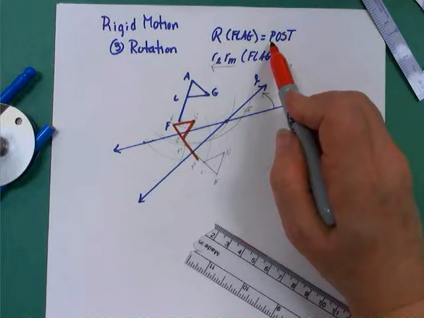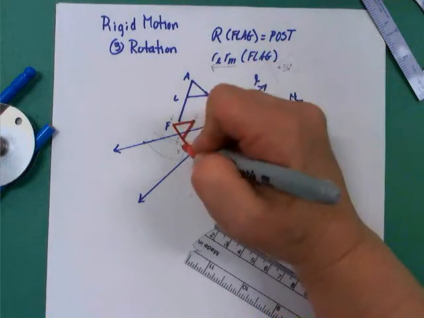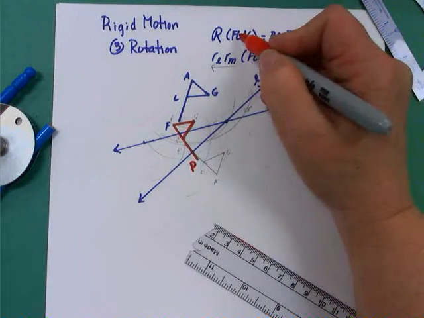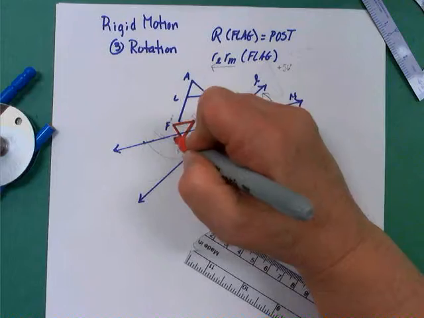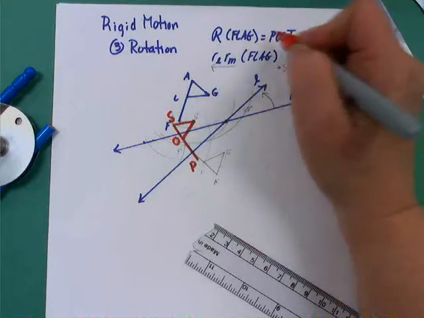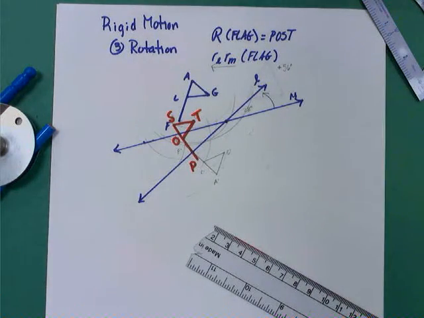At the beginning I said it was P-O-S-T. F matches with P, F double prime is P. O matches with L, L double prime is my O. S with A, and T with G. That is my rotation of 56 degrees in a counterclockwise direction.